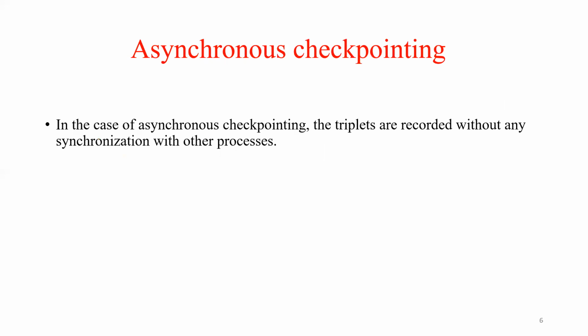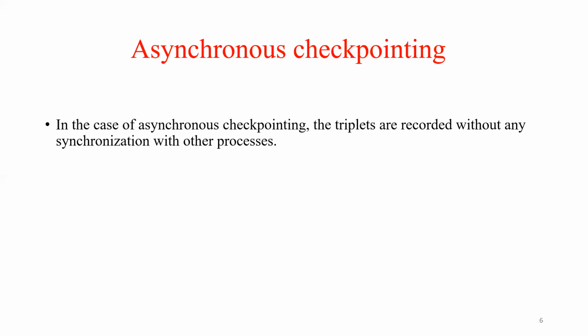Asynchronous checkpointing, as I already told, means there is no cooperation between the processes and no control over the processes. While taking checkpoints, each process will take its own checkpoints.